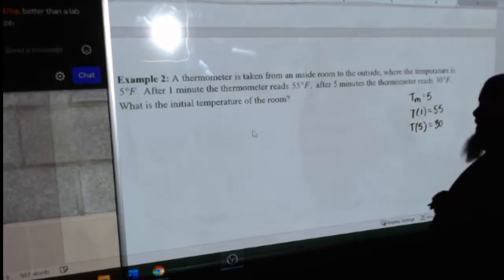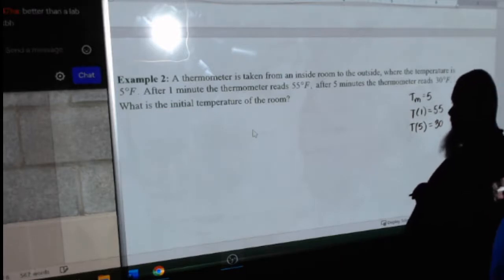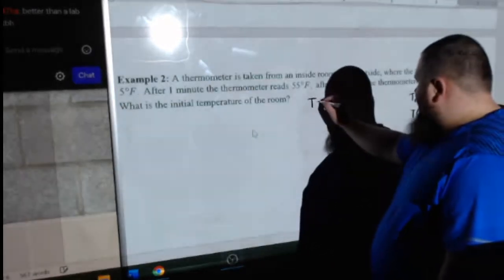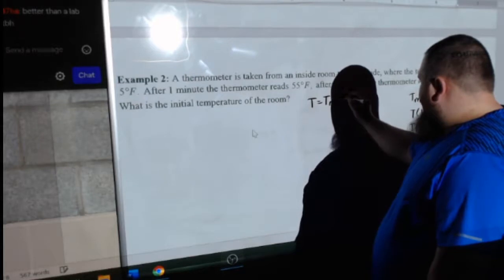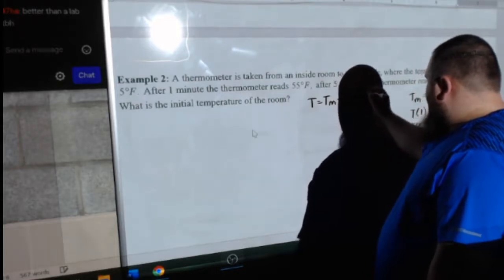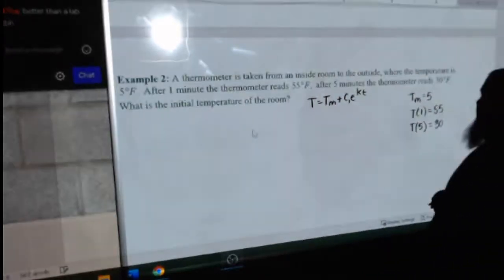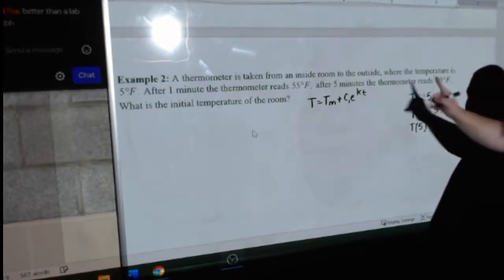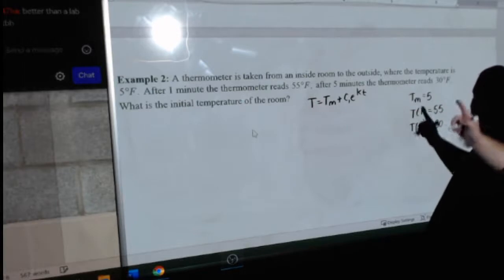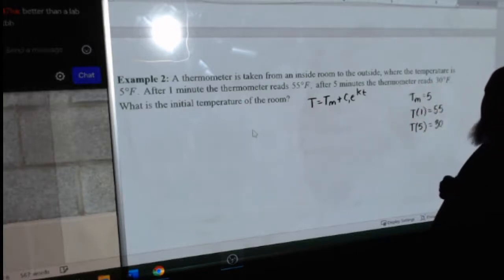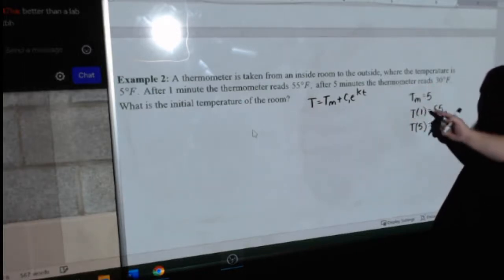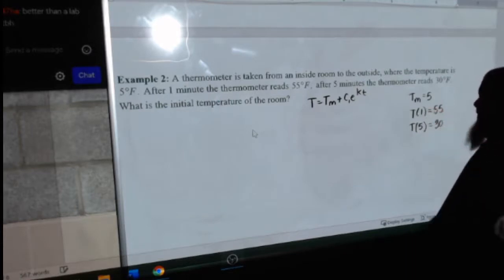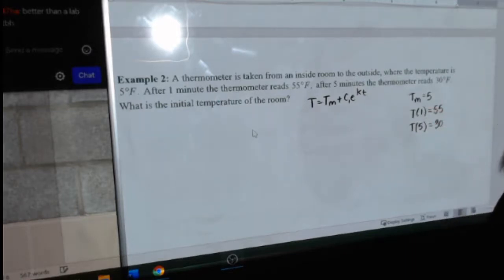Okay, so again, I've already solved for the equation, so I'm just going to start with it. We know that it's T equals Tm plus C1 e to the kt. I have Tm, I can plug that in. I need to solve for C and K. However, notice this time I do not have a 0 for little t.